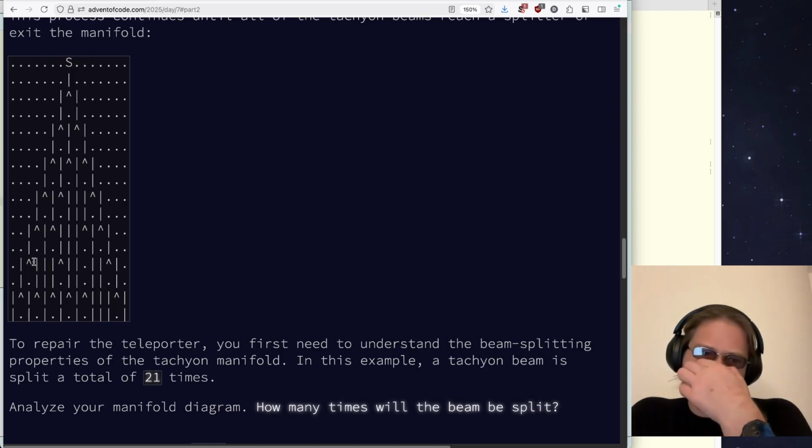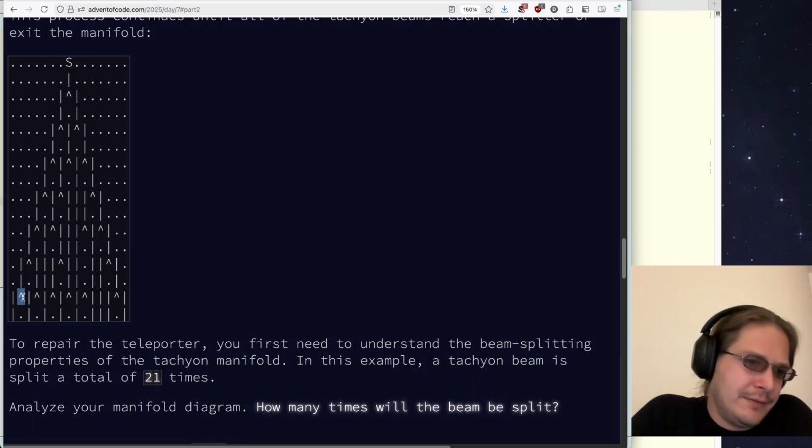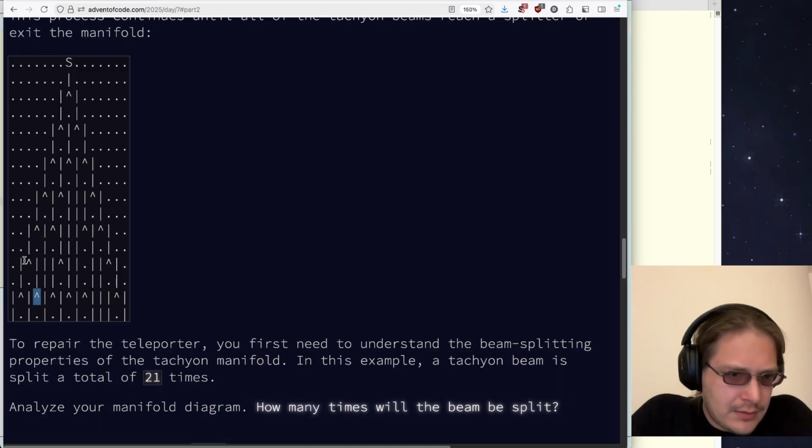Okay, so if we have a reality, I see. So, previous number of realities multiplied by 2. Previous number of realities multiplied by 2.